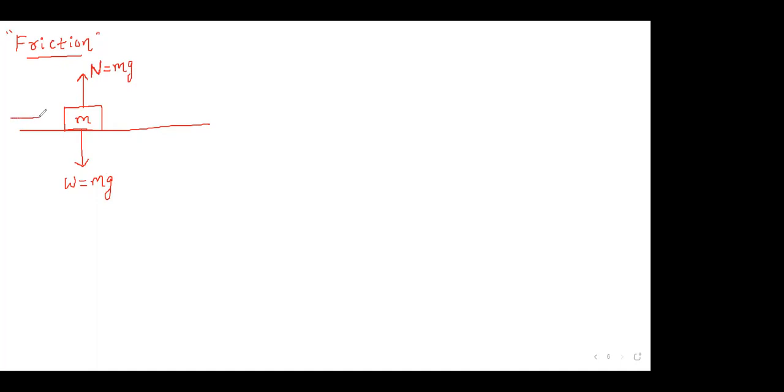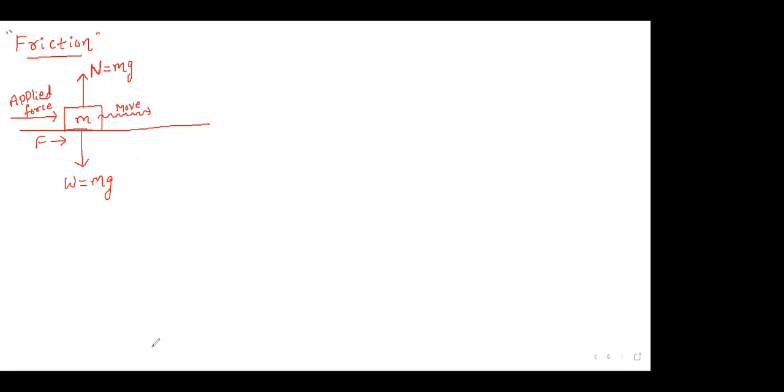Now, if I apply the force, this is called the applied force. Because of this applied force, the body will start moving in this direction. But continuously, this body will not move on this horizontal surface.